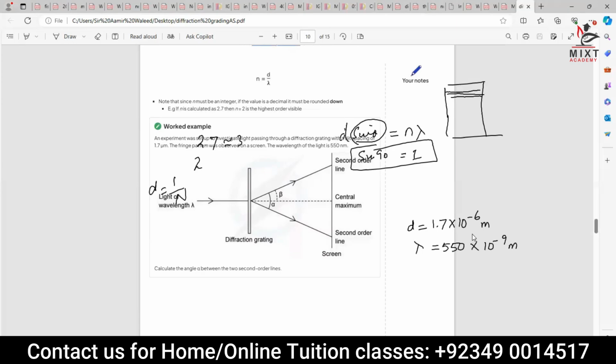So how will you find out the angle between the two second order lines? The formula will be d sin theta is equal to n lambda. You have to find the theta. Can you do this question, please?